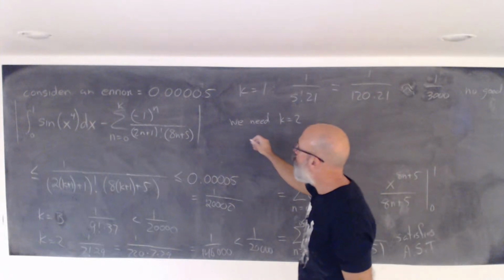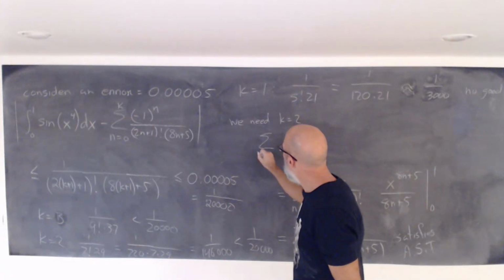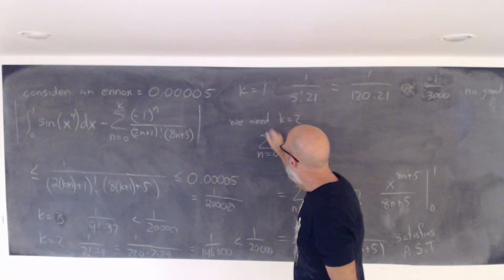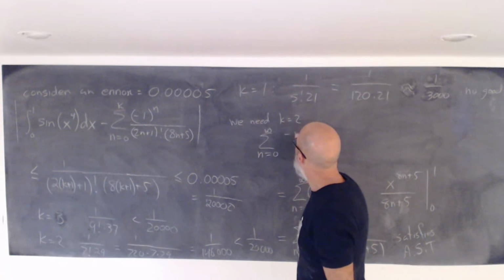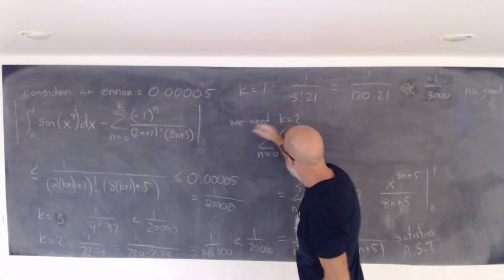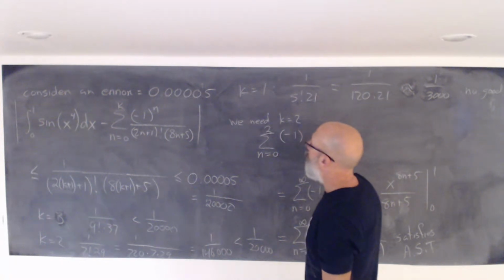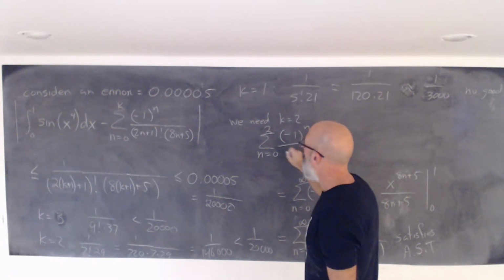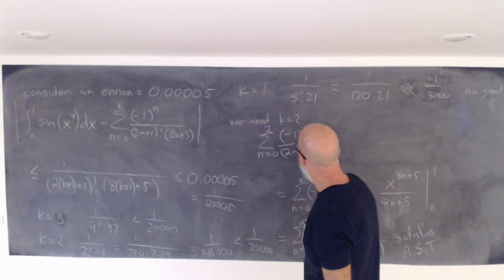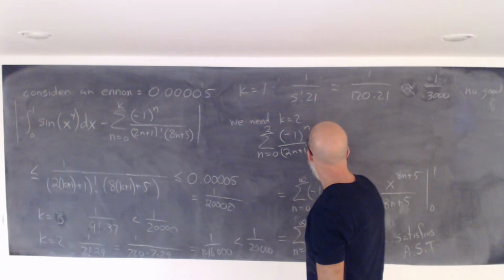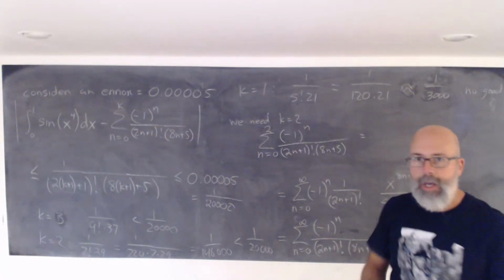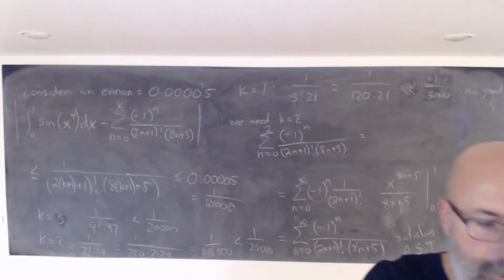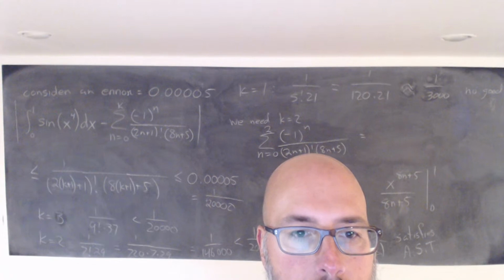So we're going to sum from 0 to 2, negative 1 to the n over 2n plus 1 factorial, 8n plus 5. Let me again use Wolfram Alpha to tell us what that is.